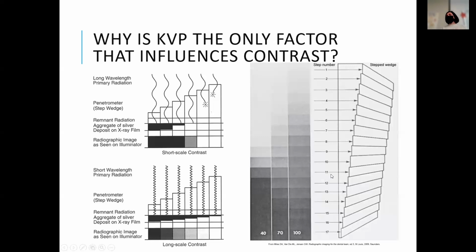So here's another image of it, showing it in terms of more realistic grayscale. 40 KVP is very low. Remember, we're at 65 to 70 KVP in the room.